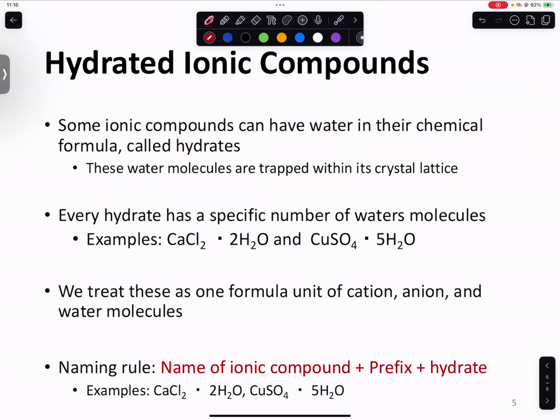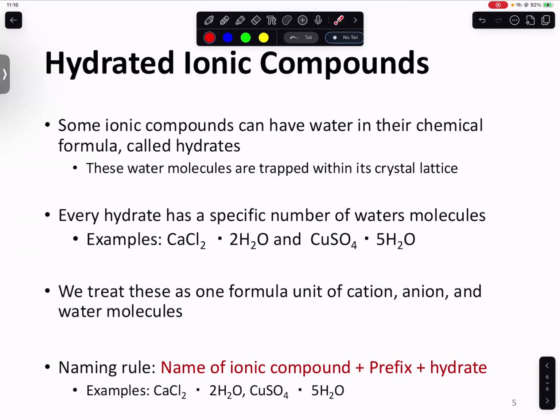The last thing we're going to discuss in this video is hydrated ionic compounds. The word hydrate means that the ionic compound contains water as part of its crystal structure. Since it becomes a part of the crystal structure, it is included in the name of the ionic compound. Of course, each ionic compound has a specific number of water molecules in its structure.